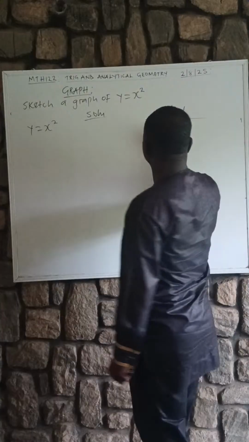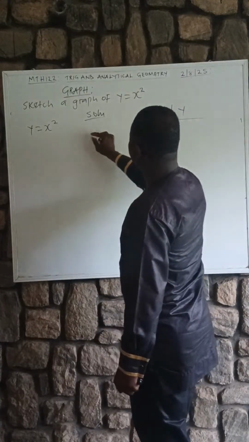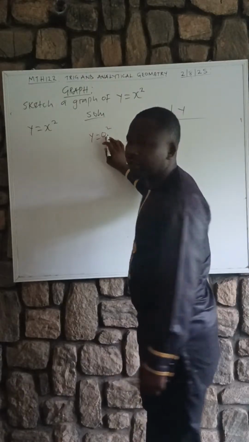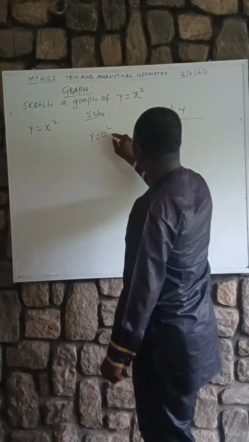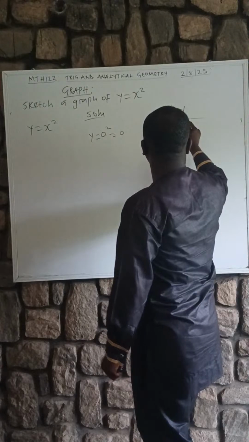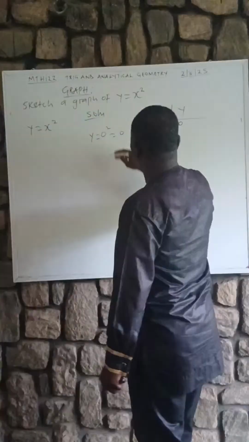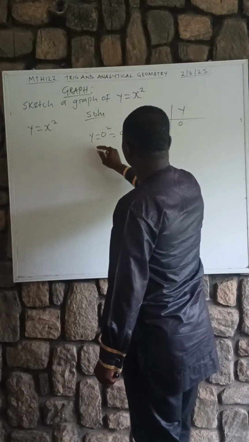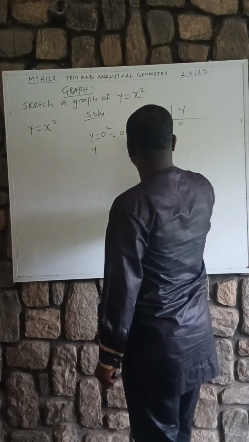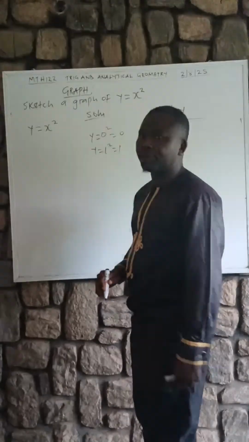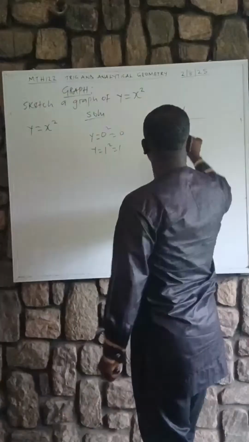If x is 0, it means y equals 0 squared, which equals 0. So y will be 0. Then if x is 1, y will be equal to 1 squared, which is 1. So y is 1.